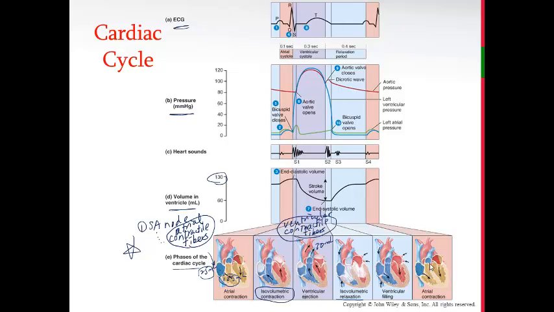Okay. All right, so let's take a look at your volumes in ventricles. We normally have about 105 mL kept inside during the atrial contraction. They will receive 25 mL more that's coming in from your atria, to reach 130.